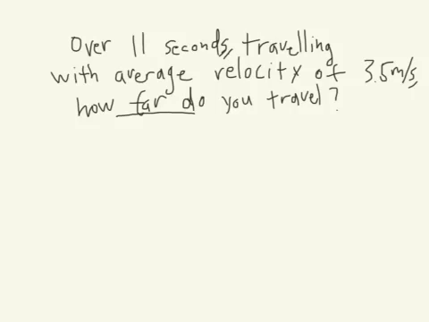And if it's an easy problem, then we can identify what else is given in the problem. So 11 seconds is an elapsed time. So we've been given delta t, and 3.5 meters per second, that's an average velocity.